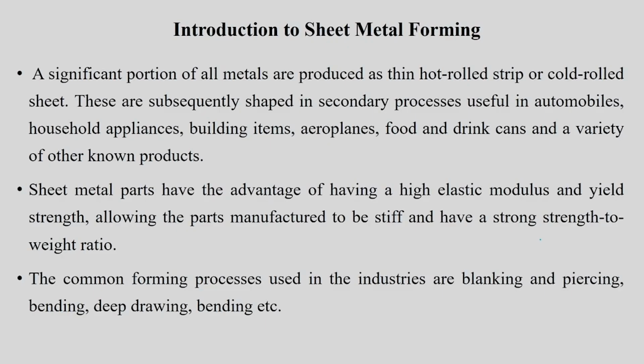These are plastically deformed and certain shapes are made to make useful components, which you can see in automotive industries, household appliances, building items, aerospace structures, commonly used food and drink cans, and a variety of other known products. The sheets are deformed using several sheet forming processes to make a particular shape. Permanent shape changes are allowed in that.